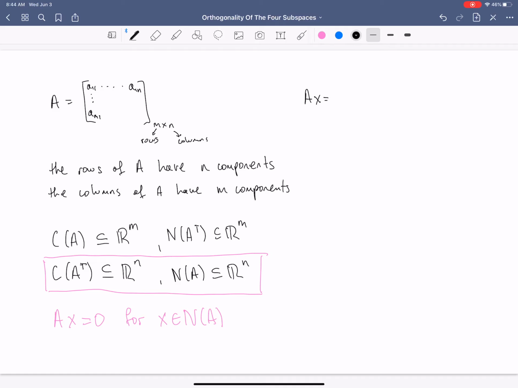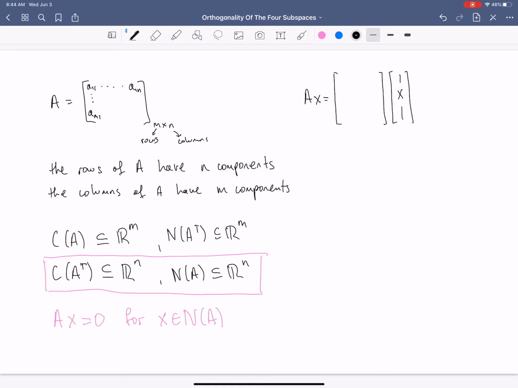And remember, a vector is also a matrix, which happens to have only one column, but you can treat it as a matrix. So we can multiply a matrix times a column, where we represent that as a linear combination of the columns of A. But we can also use the rows of A dotted with x. So this is the vector x.